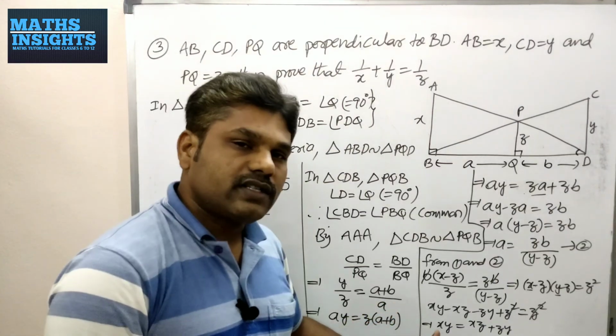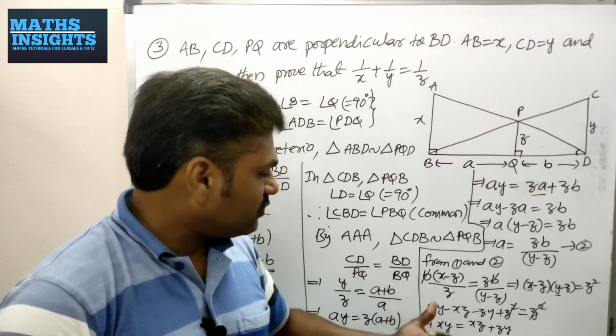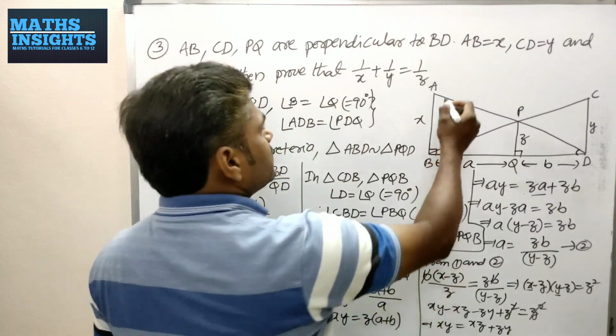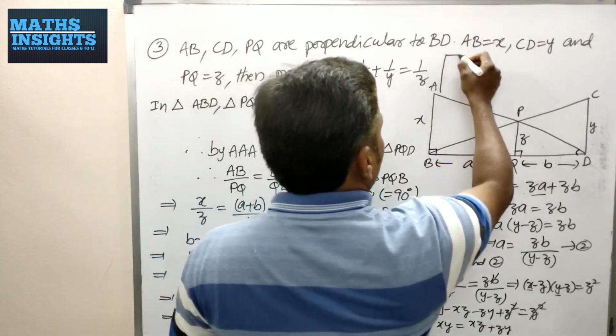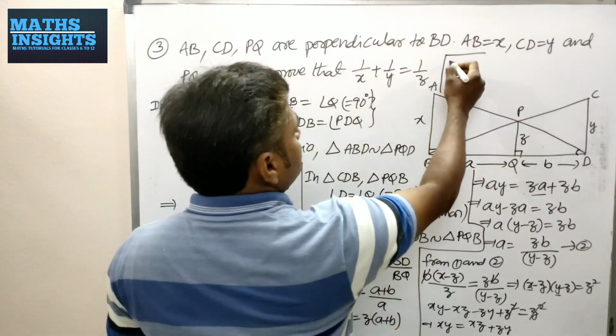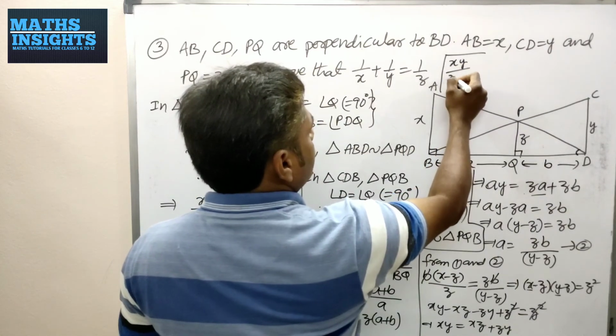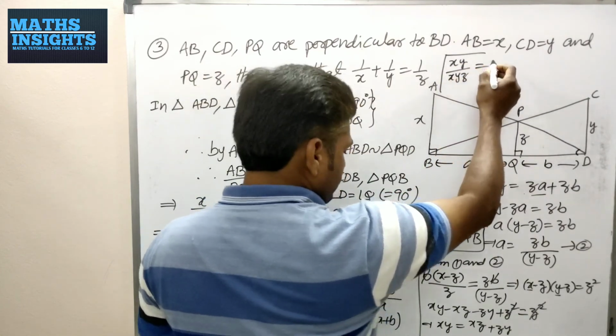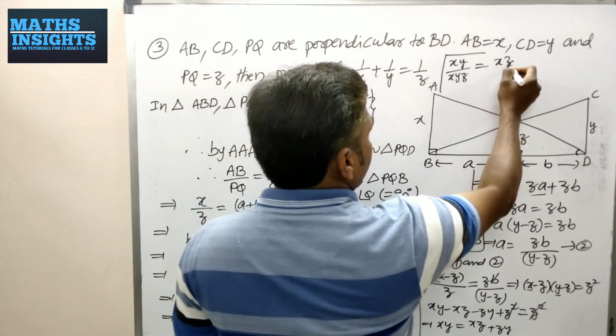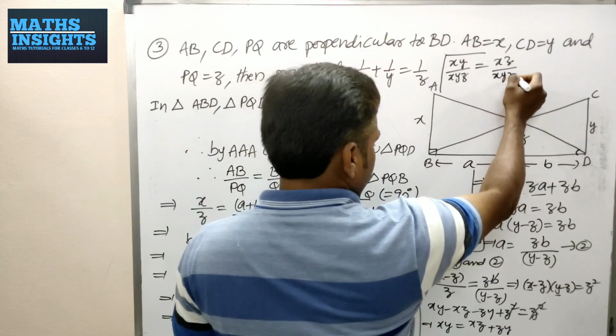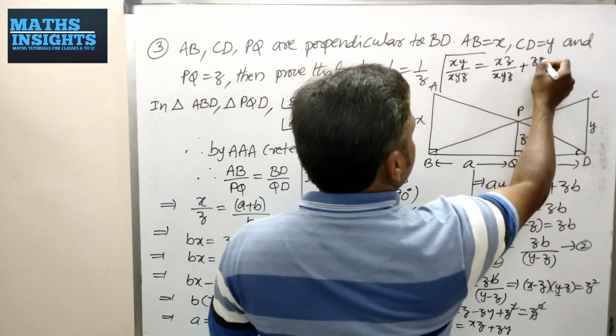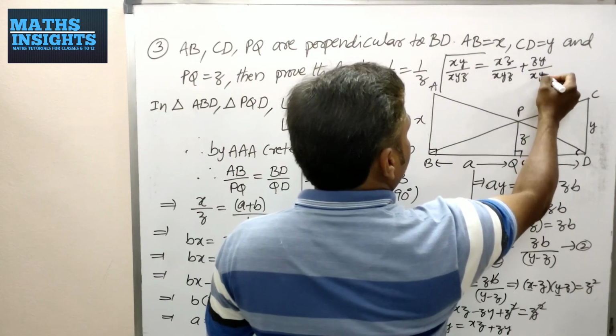Now on both sides I will divide with X into Y into Z. That means XY by XYZ is equal to XZ by XYZ plus ZY by XYZ.